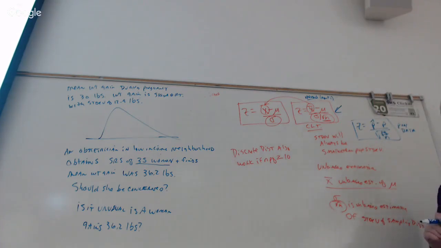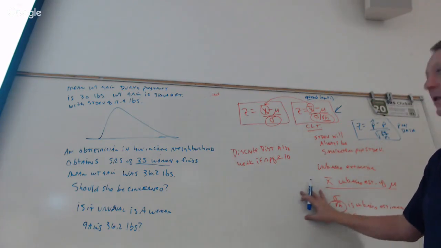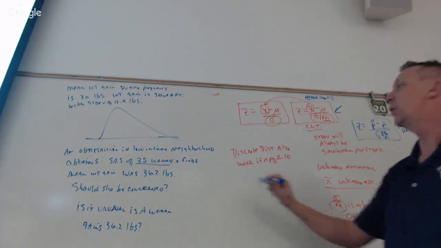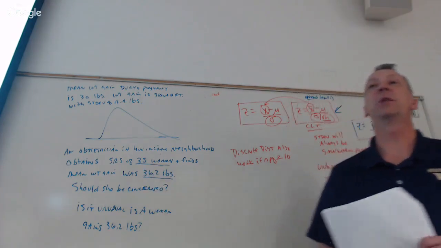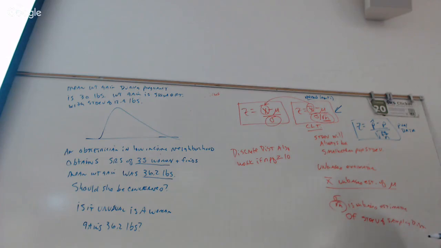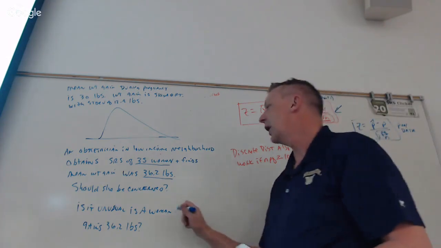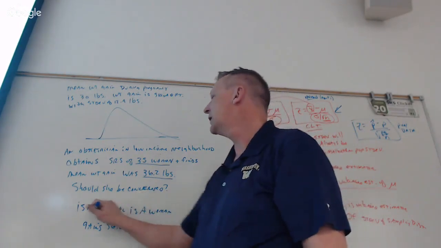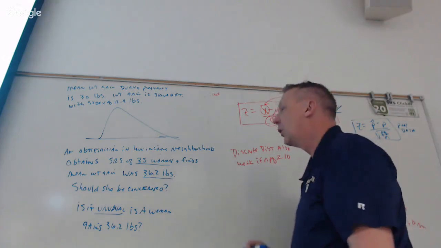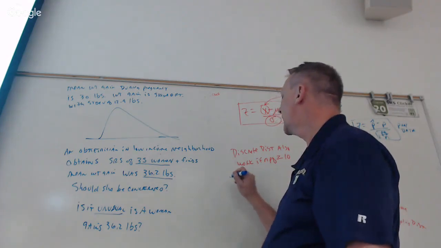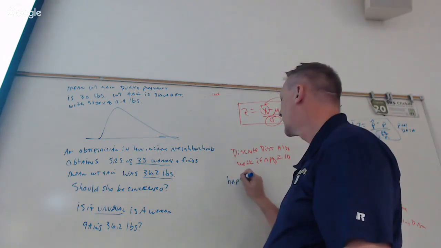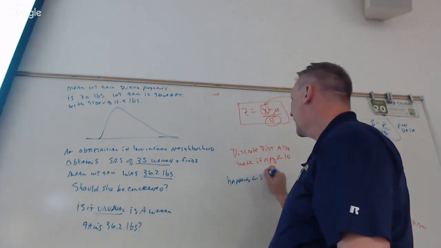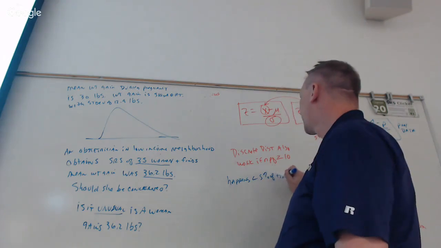So if we were to do this for one woman, so that one woman gains 36.2 pounds, Brenda, let's, oh, I guess I should define what would be unusual. Okay, we're going to define unusual as happens less than 5% of the time.